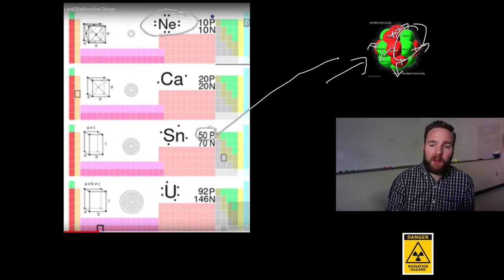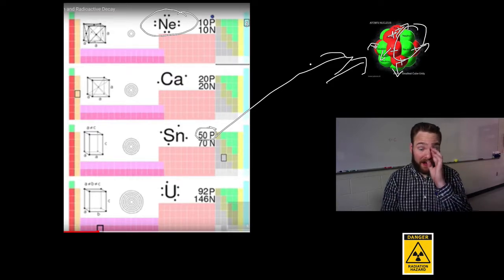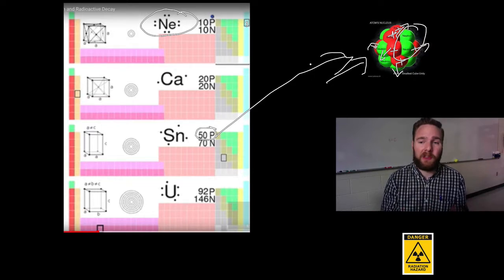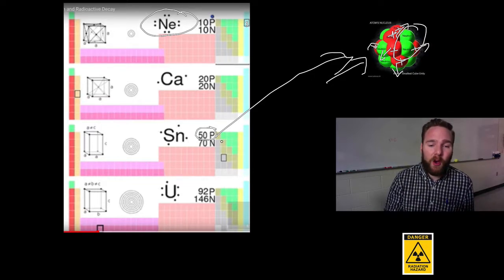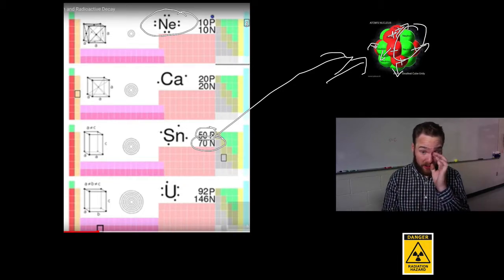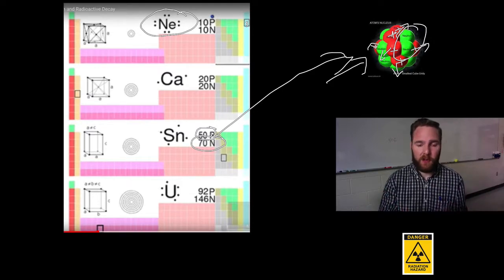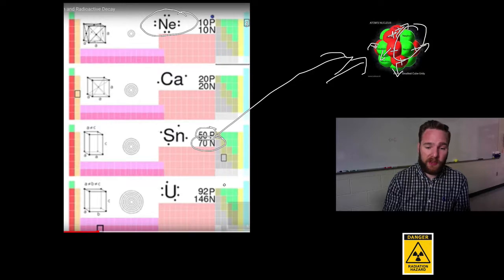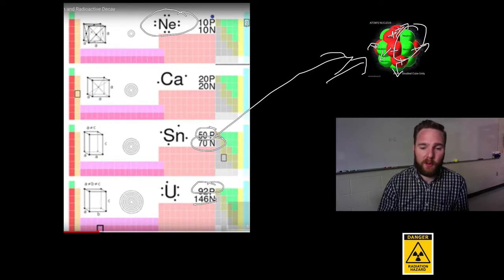Well, I have 50 protons that are desperately trying to get away from each other. So I need a lot more neutrons to act as a glue to hold this nucleus together so it doesn't become unstable and start decaying or ripping apart. And you see uranium, 92 protons. Look how many neutrons, 146.